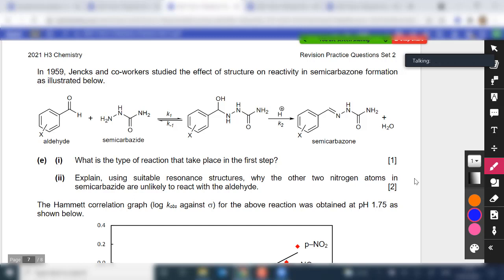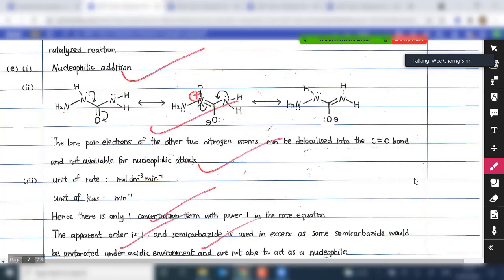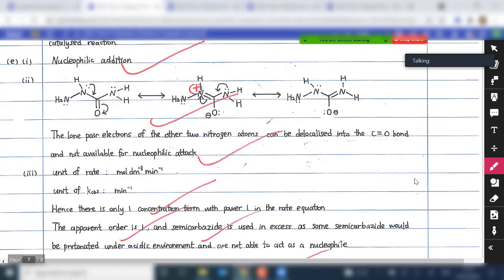Resonance structures, I would expect all of you to be able to draw reasonable ones. So to be able to showcase that the other two lone pairs delocalize into the carbonyl oxygen. And then the other lone pair gets delocalized as well. So I think this is something that we will expect you all to be able to draw.